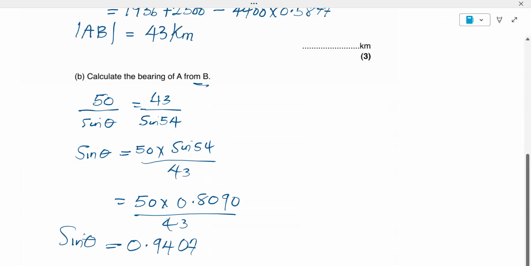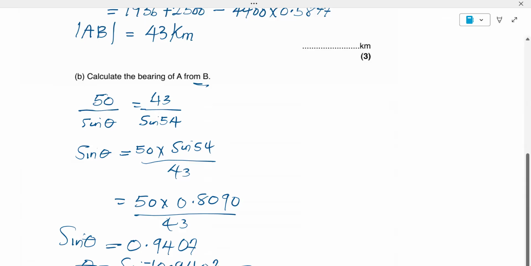So now for us to get the value of theta, we need to know the sine inverse, right? So the sine inverse of 0.9407 is what we are interested in. So that means theta is going to be equal to the sine inverse of 0.9407.